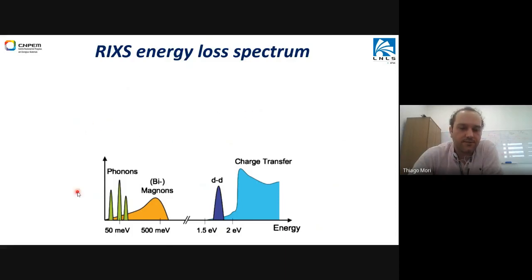Okay, but this is an example of the RIXS energy loss spectrum, which I took from the Wikipedia. Here you can see basically the kind of excitations that we can measure by RIXS in solid samples.